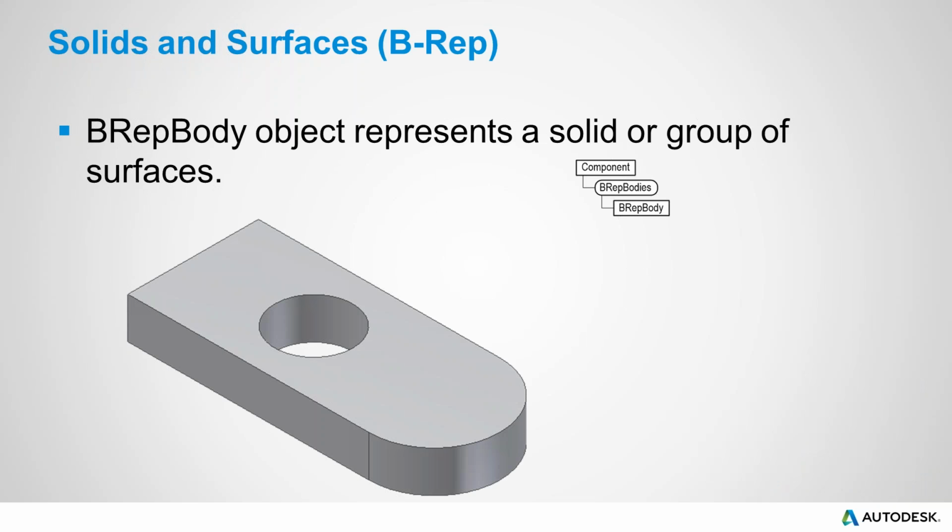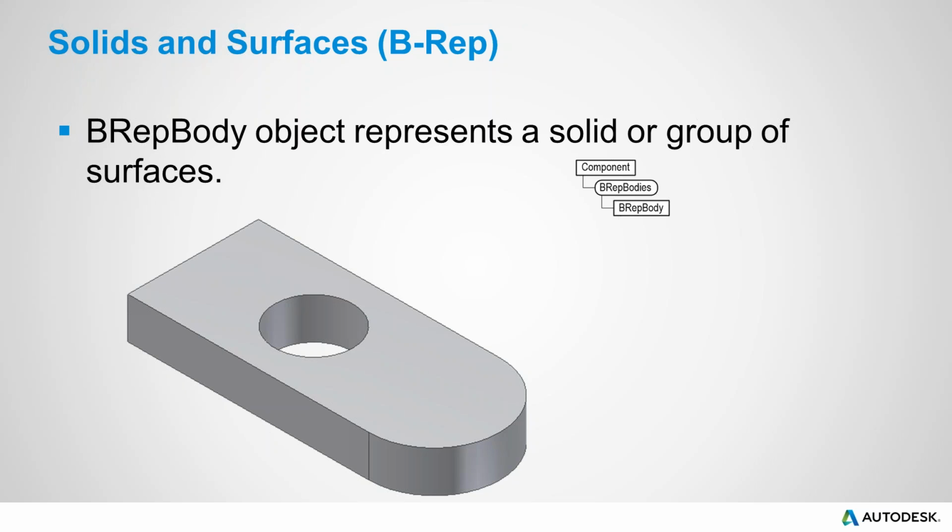Let's go through in a little more detail the API that exposes all of this information. The very top-level thing is called a BREP body. From the component, there's a collection of bodies, the BREP bodies collection, and each body is represented by a BREP body.